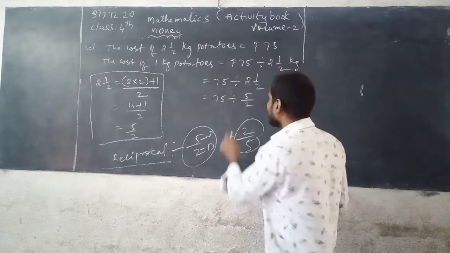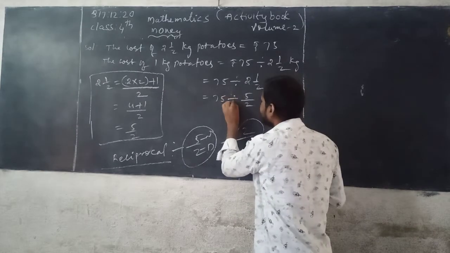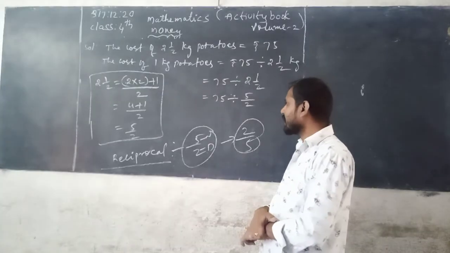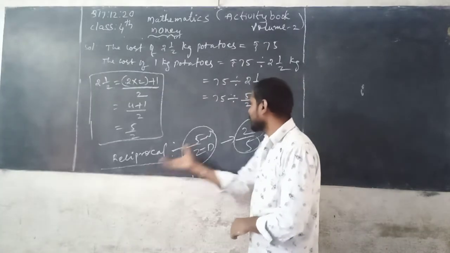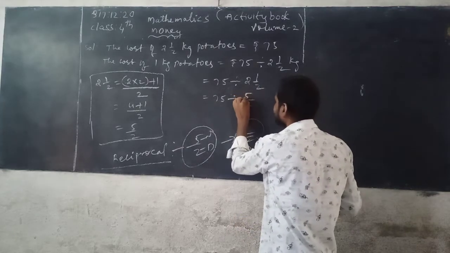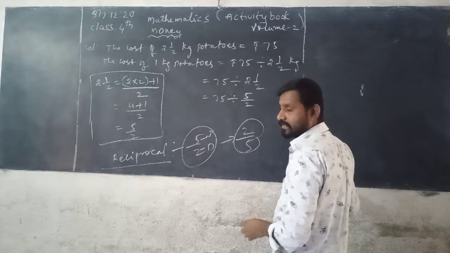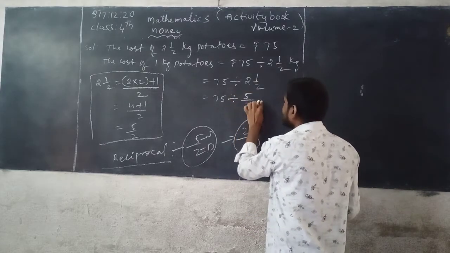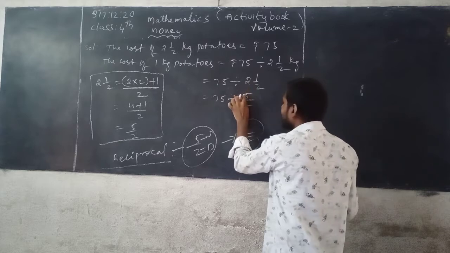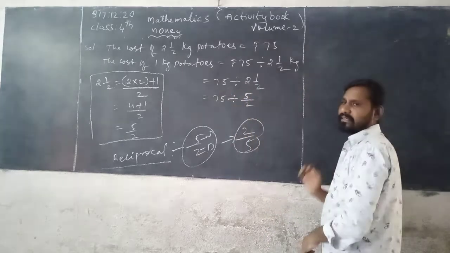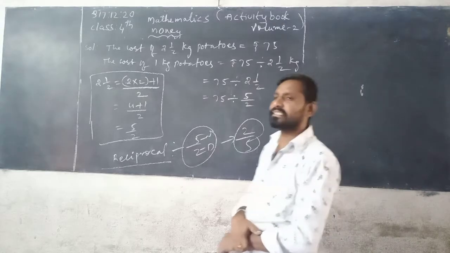Here the divide symbol is given. See once again, reciprocal means in a given number, this is called as divisor. Interchanging of numerator and denominator of a fraction in the divisor is called as reciprocal.